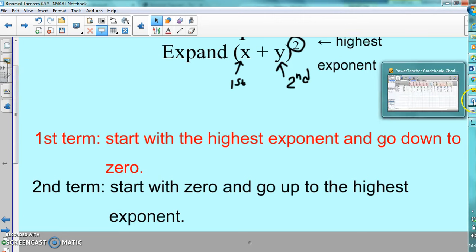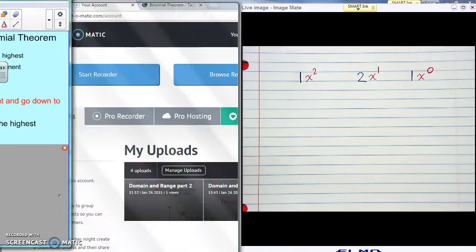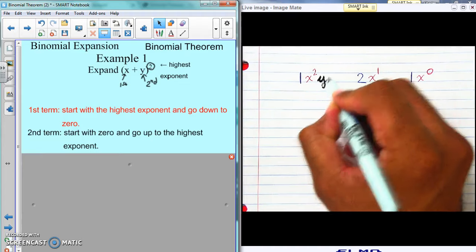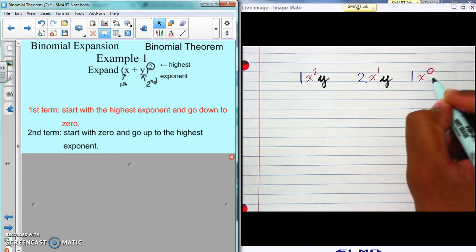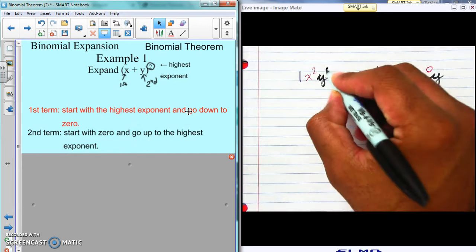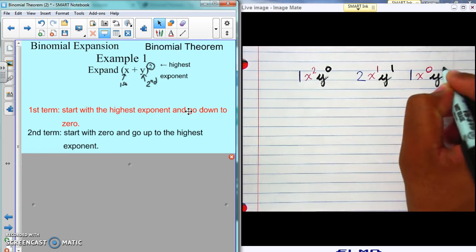So we write y here for each one of these. Again, we start with 0, and we go up to the highest exponent, which is 2. So this goes 0, 1, 2.